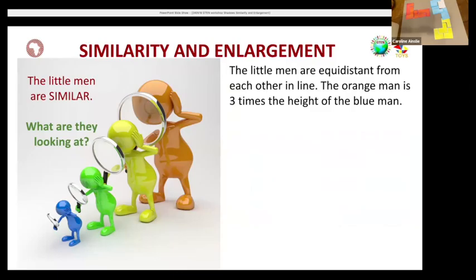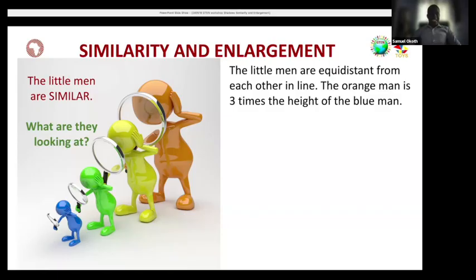Sam, here we've got some more examples of similarity and enlargement. We're going to have a look at the 4 little men.